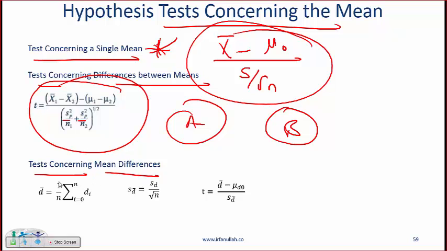So that's what we are referring to here, tests concerning mean differences. So you come up with the mean difference denoted by D bar, and then there is a standard deviation. This is the test stat. And then once you have the test stat, then the procedure is similar to what we've talked about. You have a test stat, you compare with critical value, and then based on that comparison, you decide whether or not to reject the null hypothesis.